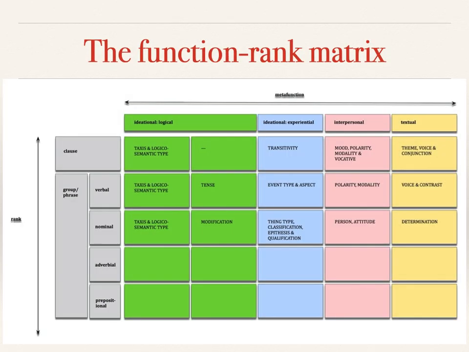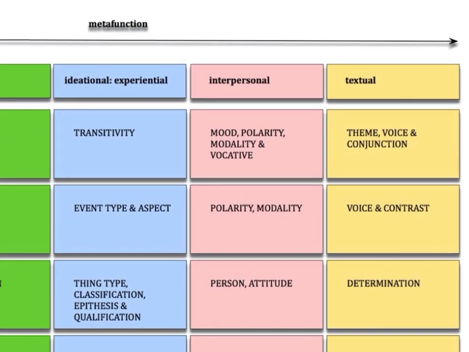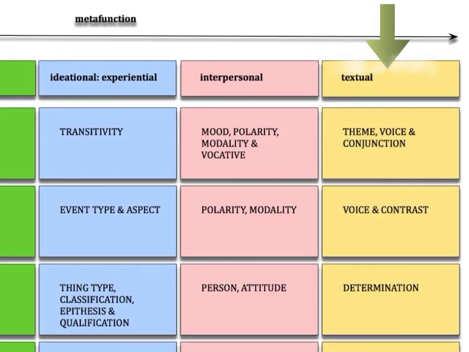But let me return first to the function rank matrix so we know where we're located. You remember this: horizontally metafunction, and vertically rank, and within group, phrase classes. We've been concerned with the clause as a message, looking in particular at the system of theme. And we're now moving into the clause as a move.